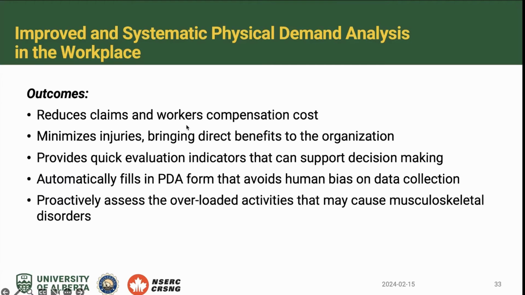We can also minimize the injuries, bringing direct benefits to the organization, and provide quick evaluation indicators that support decision-making to prioritize which workstation you should focus on more. We can also automate the PDA form completion and avoid human bias in the data collection. Of course, we can also proactively assess the overloaded activities through the experiment and simulation model.